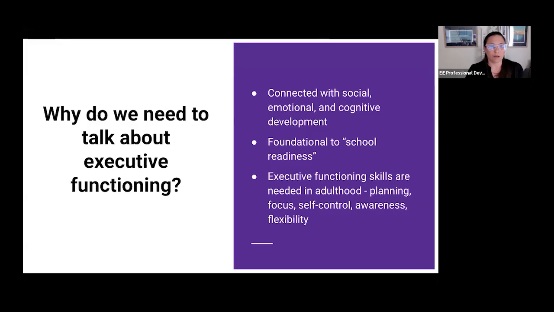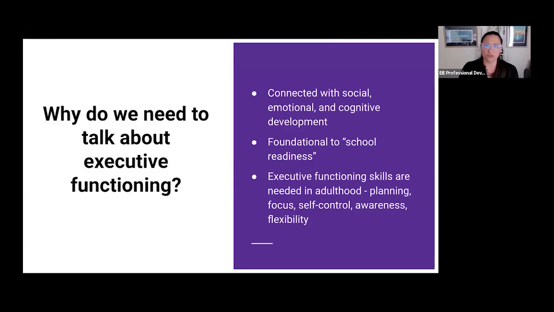But one thing we're going to come back to over and over again is that it needs to be explicitly taught. This is not an inherent trait that students are born with, or that people have. It's something that we learn to do. Think about it as a muscle, right? The brain is something that we can work and exercise. Executive functioning is part of that. And so we need to actually work that muscle and teach it different skills.